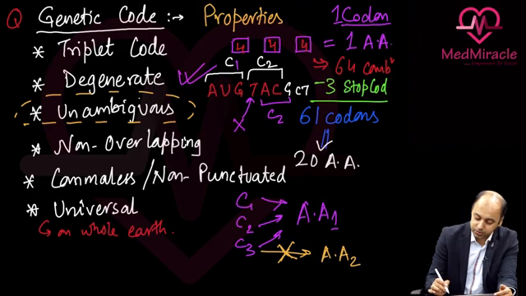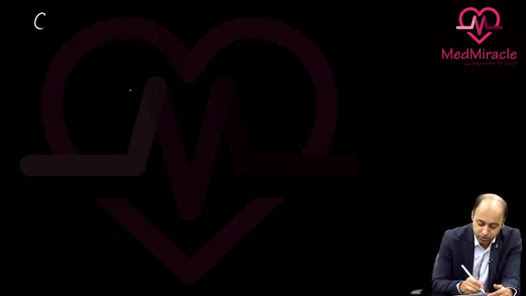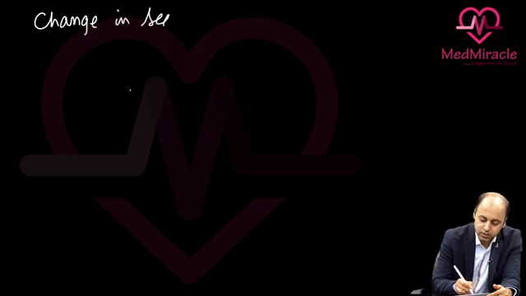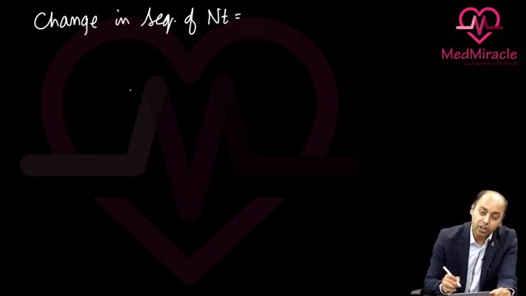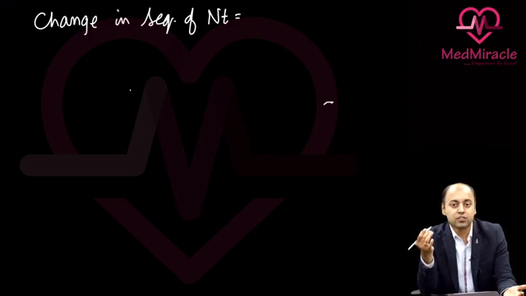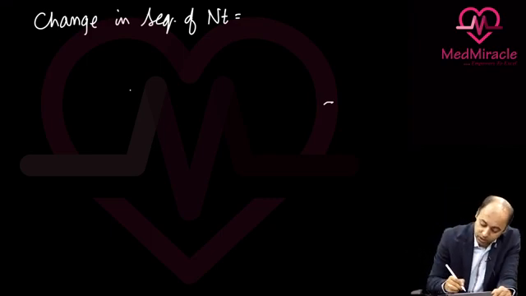Now, sometimes there can be a change in the sequence of nucleotides due to multiple reasons. There are a lot of ways in which this change can occur. When such a change is seen in the sequence of nucleotides, we call it mutation.